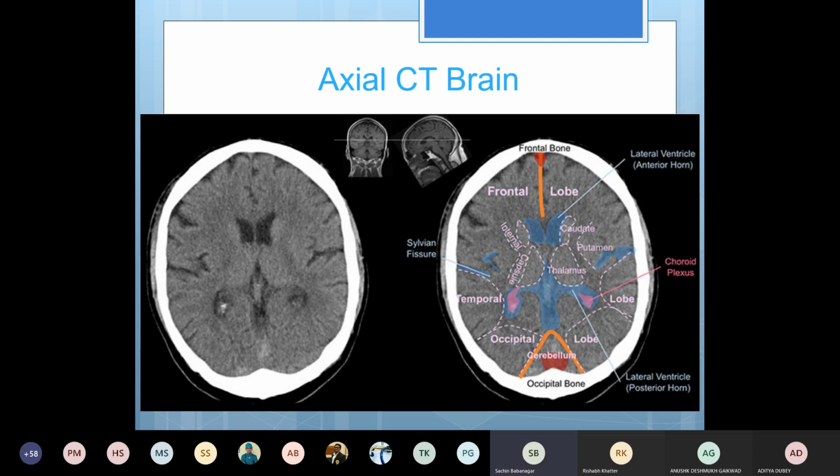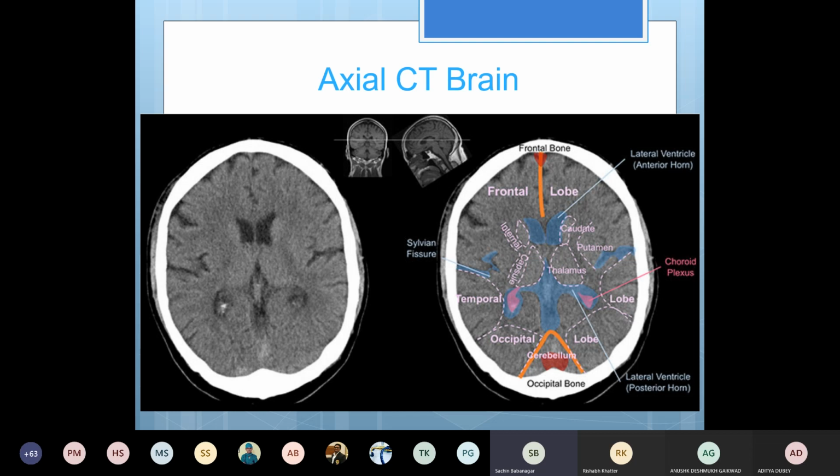As we go further down, you can see the frontal horn of the lateral ventricle here. So, frontal lobe, and then you have the caudate nucleus, and this is the area of the internal capsule, where you can see a slightly grayer color compared to the nearby tissue.